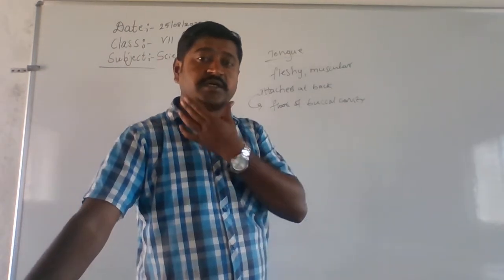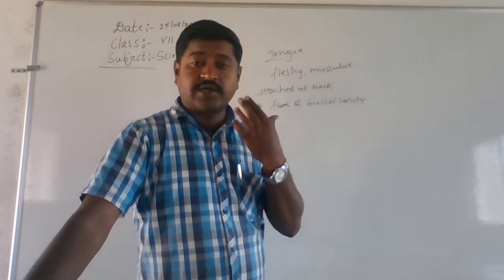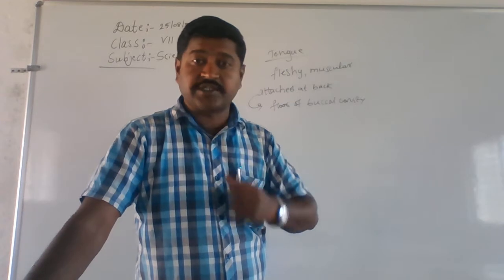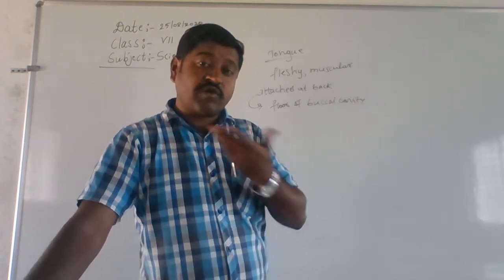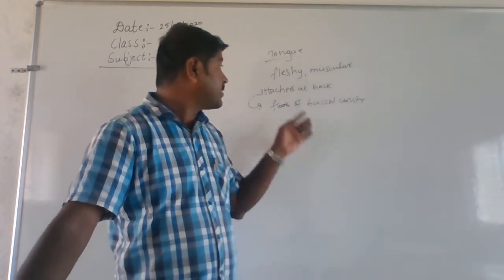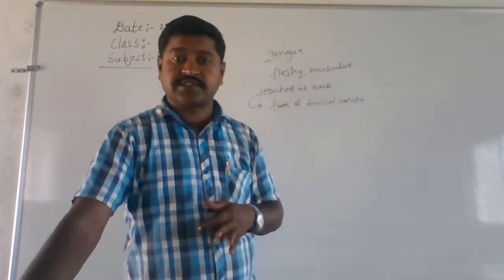Earlier I said that whatever teeth are there in the mouth, it is totally known as the buccal cavity. So the floor of the buccal cavity means at the base of the buccal cavity this tongue is attached.